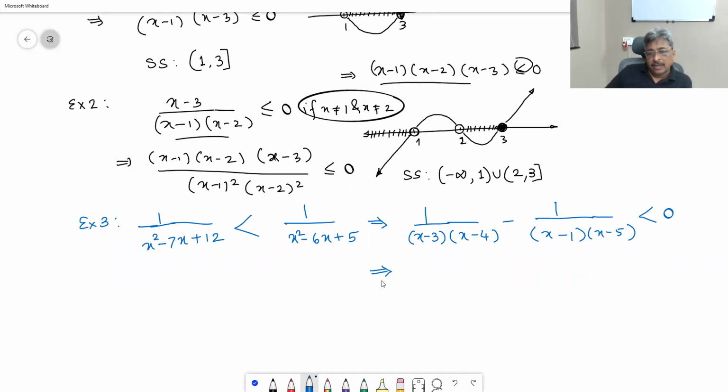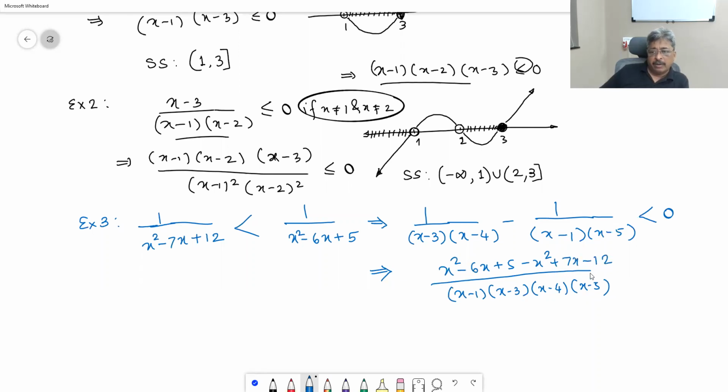The second level is cross multiplying and getting everything in place. The LCM is (x minus 1)(x minus 3)(x minus 4)(x minus 5). For the numerator, we can use these two terms: x square minus 6x plus 5 minus x square plus 7x minus 12.